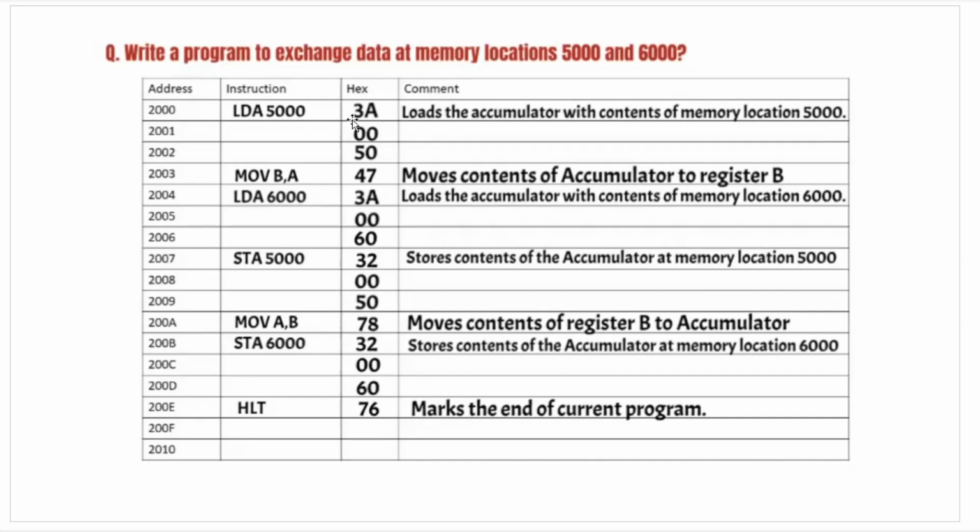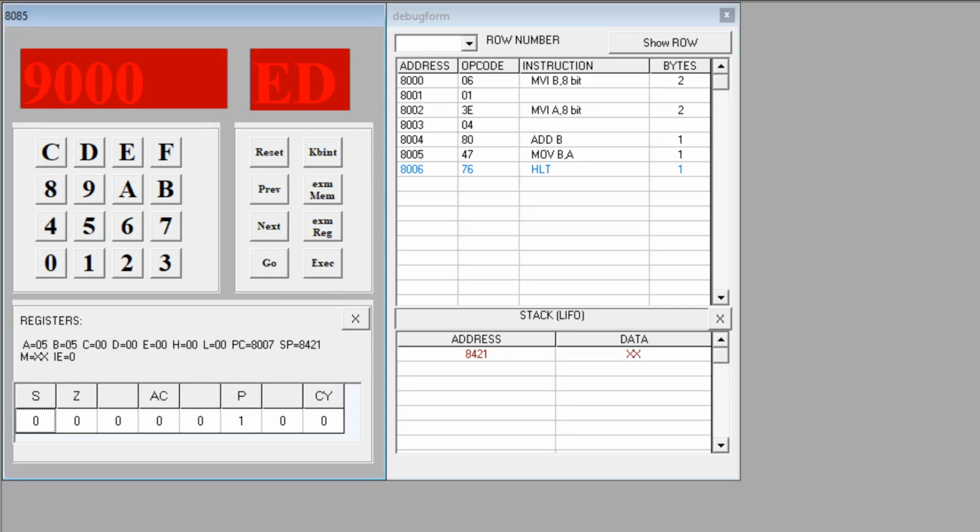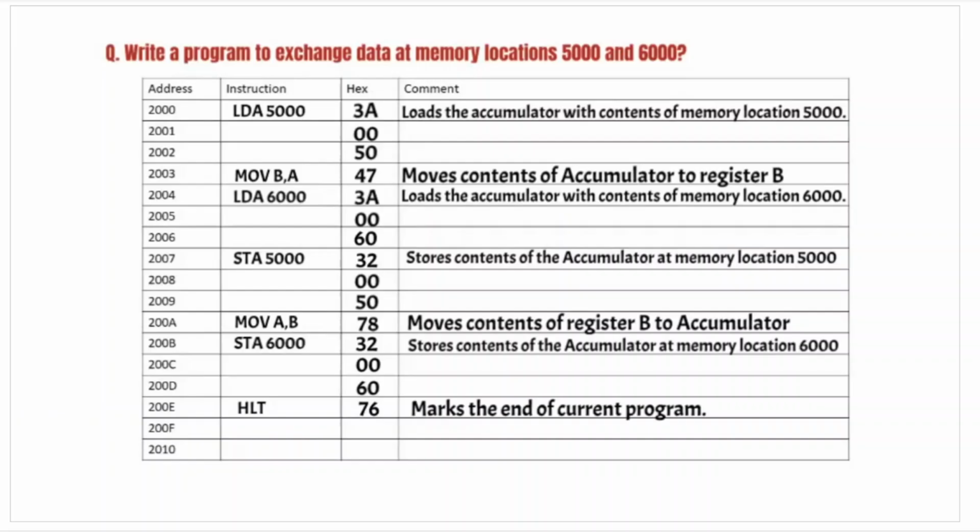Fine. So these are the op codes, the hex codes that I will be entering. So I have 3A. 3A is the op code for the LDA instruction. So at 9000, I am entering 3A. Click on next. At 9001, I have to enter the least significant byte of the memory location.